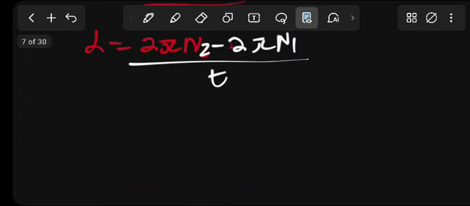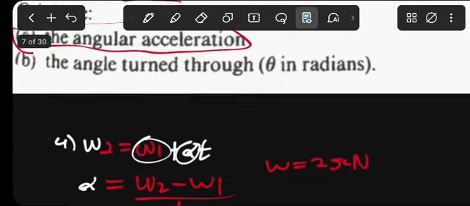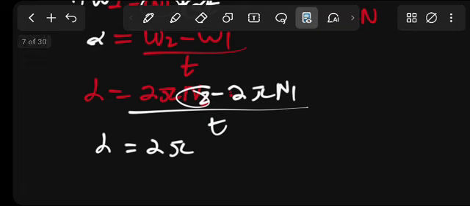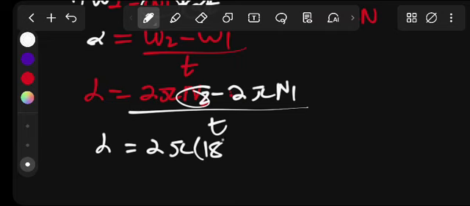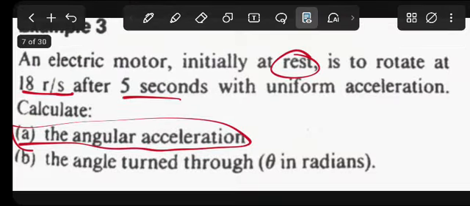All right, 2π, this final one, the revolution 2, is what? It's 18. So we have here 2π multiplied by 18 minus 2π. It was from rest, so initially it's 0. The time we've been given is 5 seconds.